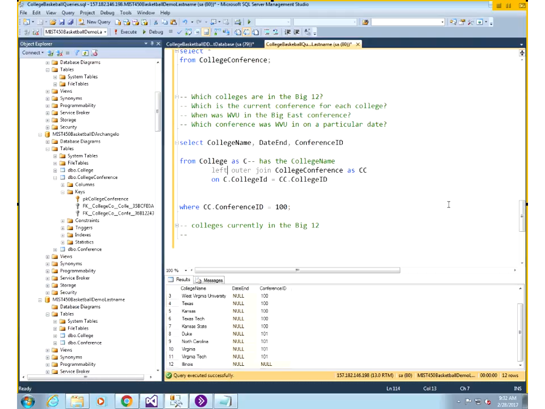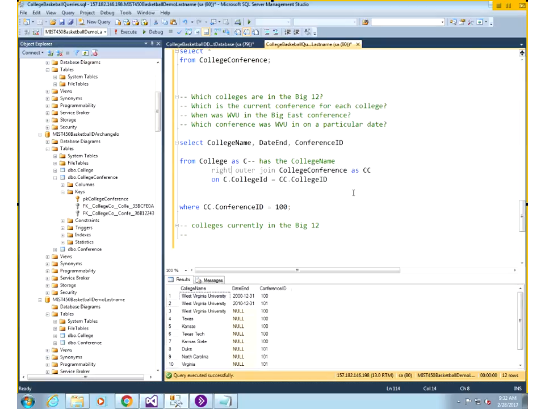Okay. And if I did this as a left outer join, let's see what happens. How many rows did we get? We got the same as the full outer join.